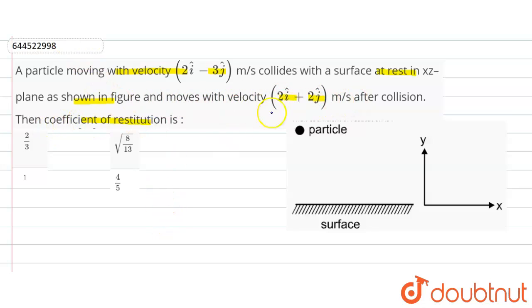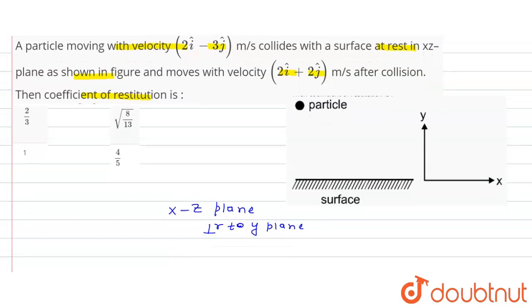So here, this is given, this collides with the surface at rest in the xz plane. The xz plane means this is perpendicular to the y direction, so we will see the change in velocity in the y direction.